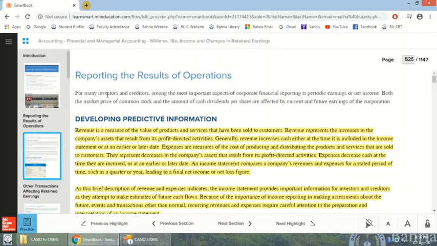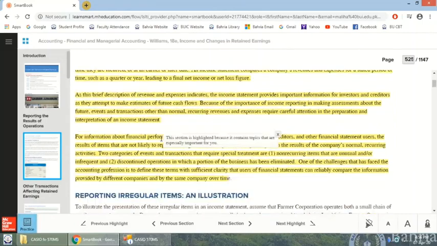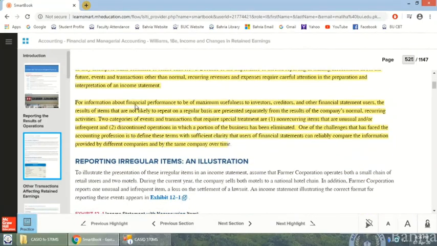Okay, so now this is highlighted. Developing predictive information, the results of operations. I have explained this to you, and I'm just going to be summarizing it. There are two categories of events and transactions that require special treatment: non-recurring items that are unusual and or infrequent.